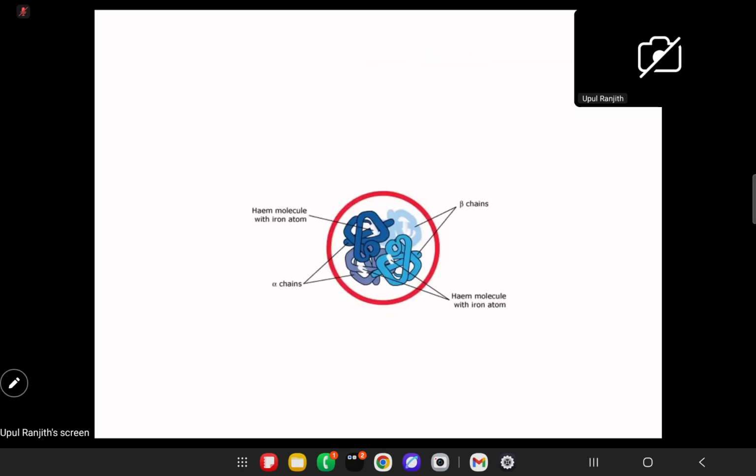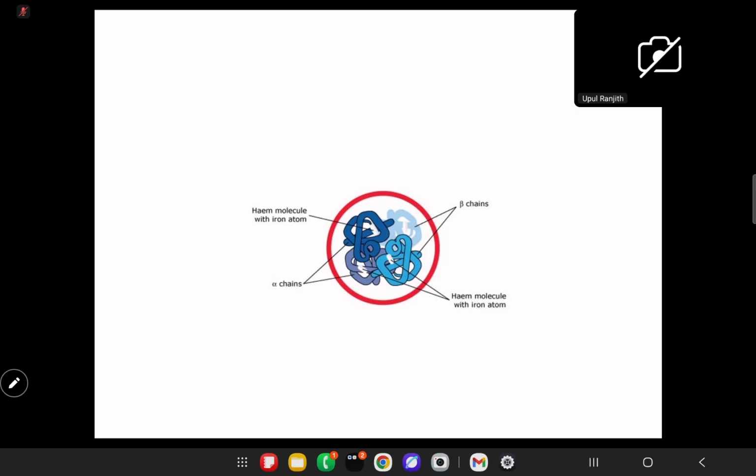So this is a graphical form. The 4 subunits are there. Each subunit has a heme molecule with an iron atom in the center, and then a polypeptide chain. Altogether, one hemoglobin molecule will have 4 heme molecules and 4 polypeptide chains.